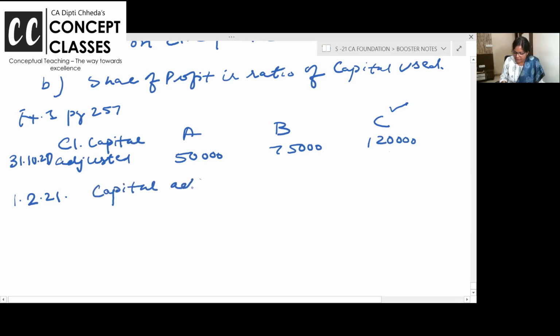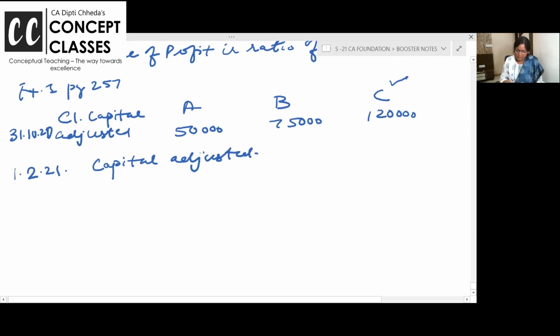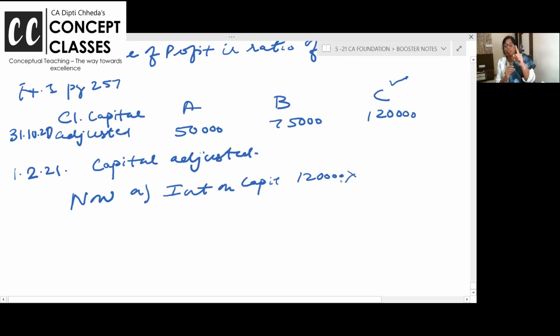Capital adjusted. Now, write down the way I am writing. C can ask option 1. C is saying 1,20,000 capital, you should have paid me on 31st October. The day he is deceased.